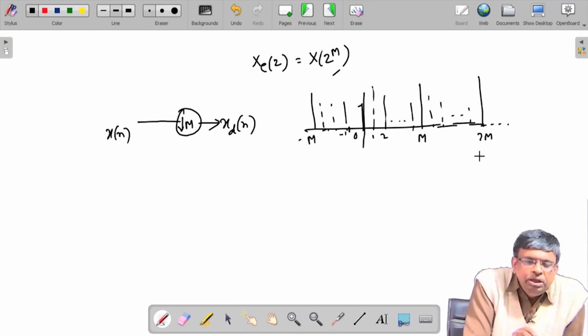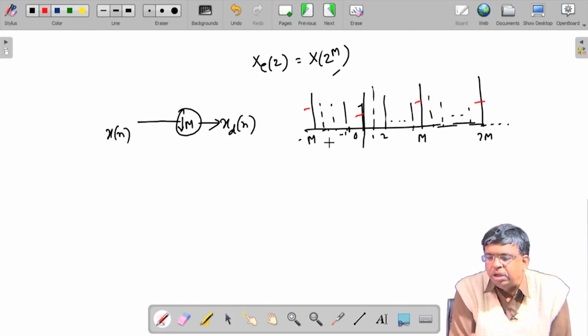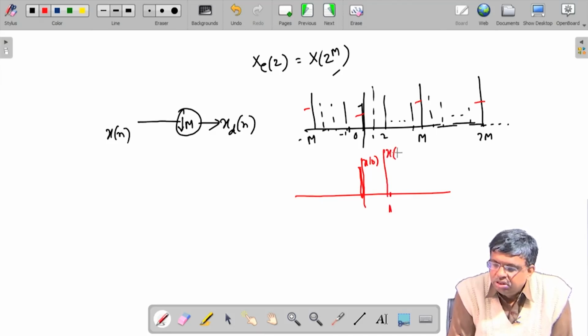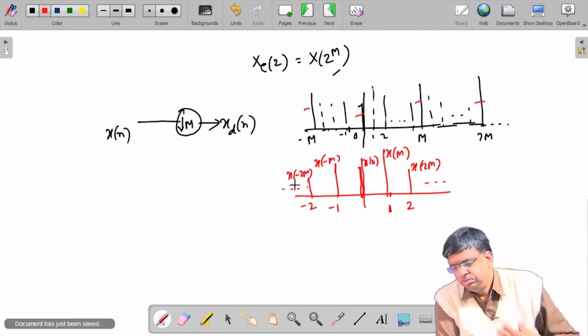Now, if I select the 0th, mth, 2mth, 3mth, minus mth samples and bring them here, then I have x 0, then the mth sample occurring now at position number 1, which is x m, then at position number 2, x 2 m, dot dot dot. On this side at position number minus 1, x minus m, at position number minus 2, x minus 2 m, dot dot dot.